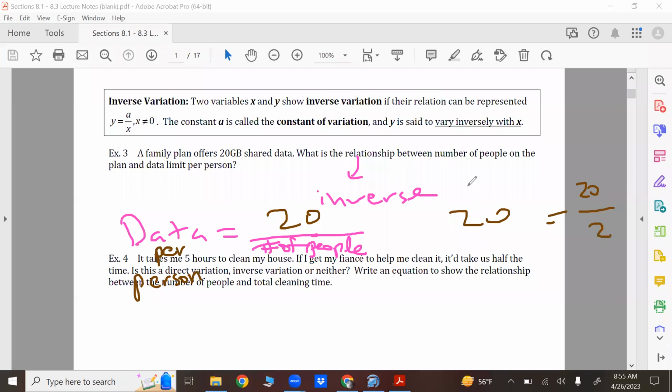How much data do we each get now? 10, that went down, right? And actually kind of crazy, but my in-laws are actually on my plan. Don't ask why. I think because they want to save money. So now that's 4 people on our plan, right? So how much data do we get now? 5, right? So see, the number of people went up, but the data per person went down, right? And that's because there's an inverse relationship.